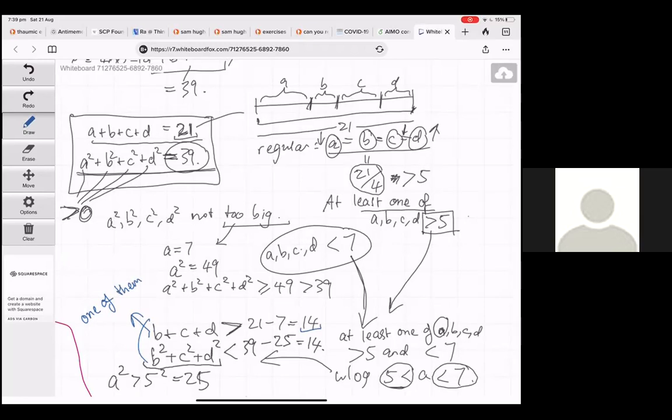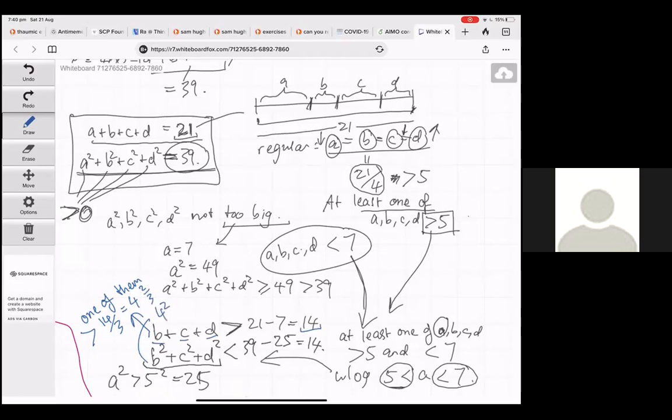So in particular, one of them has to be at least 14 on 3, because there's 3 values here. If they were all smaller than 14 on 3, then when you add 3 of those together, you'll get something smaller than 14. So one of them is bigger than 14 on 3, and that's like 4 2/3.